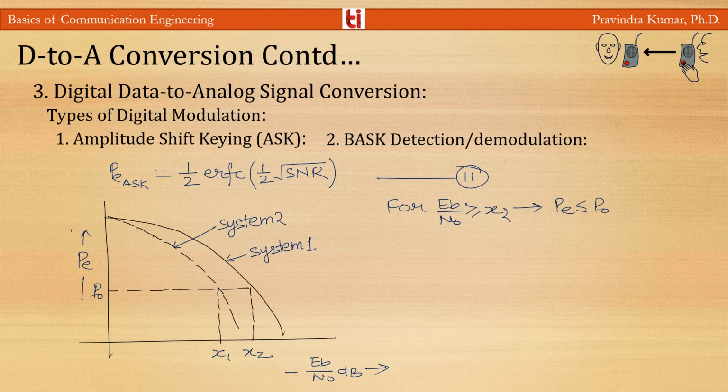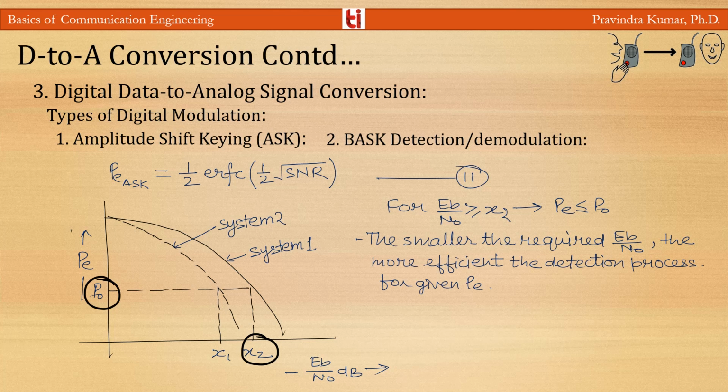The curve between the probability of error and EB by N naught looks like a waterfall shape, and for EB by N naught greater than x2, the probability of error is less than or equal to P naught. EB by N naught can be considered as a metric that characterizes the performance of one system versus another.